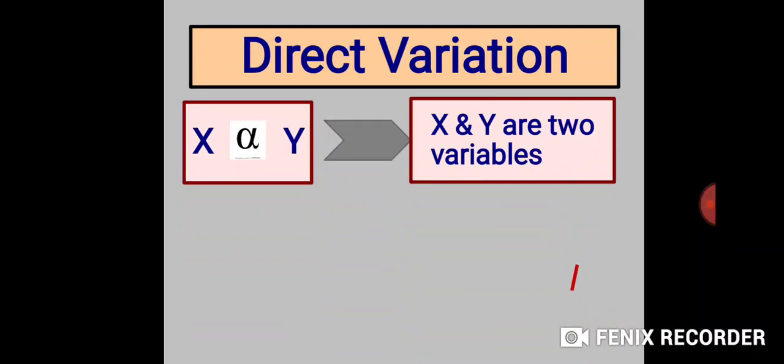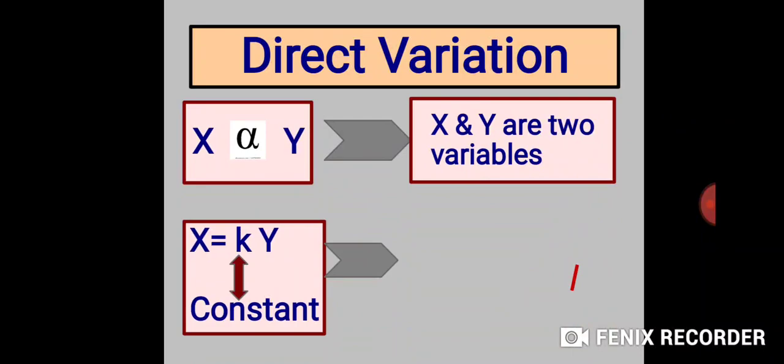To solve examples, we convert this statement into a mathematical equation. Here we see x is equal to ky. x proportional to y converts to x is equal to ky. The alpha symbol changes to equals k, where k is a constant.